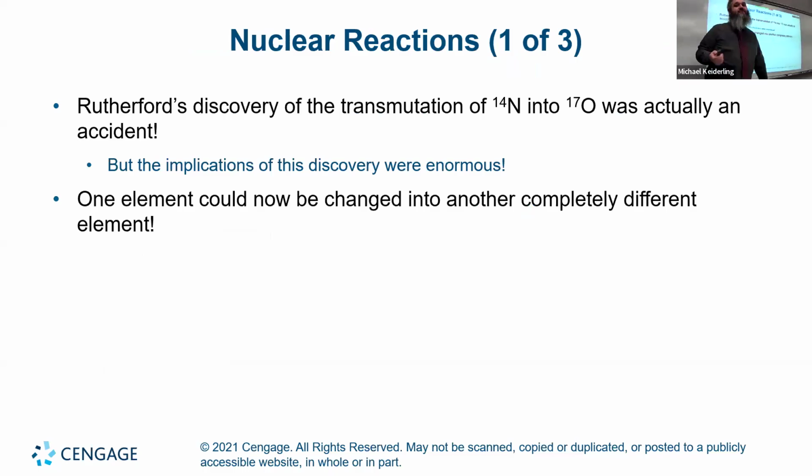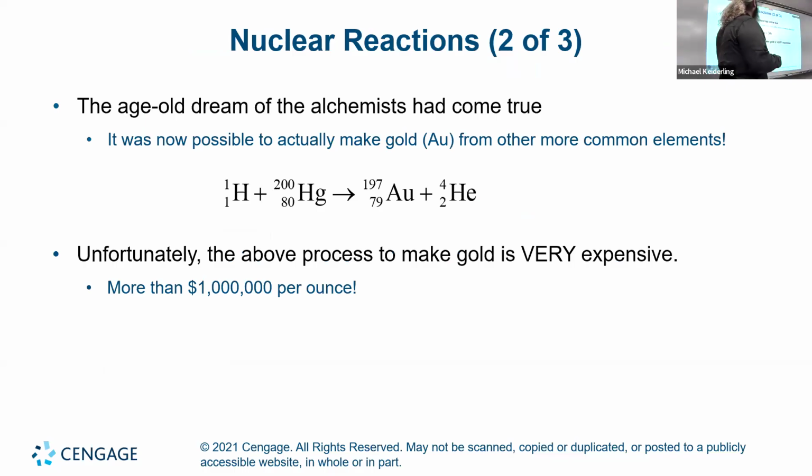And Rutherford's discovery of the transmutation of nitrogen-14 into oxygen-17 was actually an accident, but the implications were enormous. One element could be changed into another, completely different element. And the age-old dream of alchemists had become true. It was actually now possible to make gold.